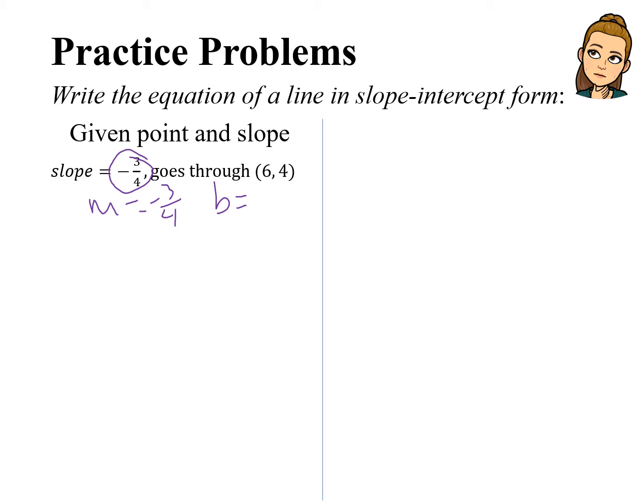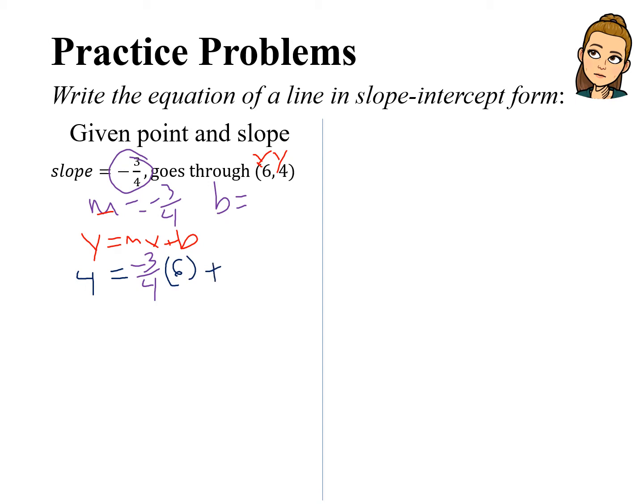So I'm going to start with my generic y equals mx plus b, and I'm going to plug in the pieces that I know. Well, I know m, and I have an ordered pair which tells me an x and a y value. So I can take that x and y value and plug it in. I have y is 4, and that's going to equal my m value of -3/4 times my x value, which was 6, plus, I still don't know b.